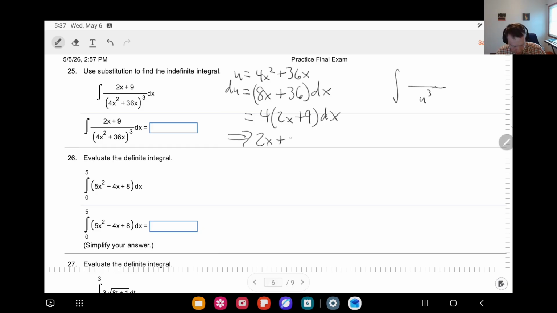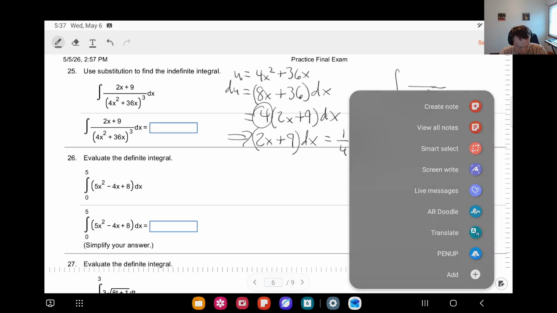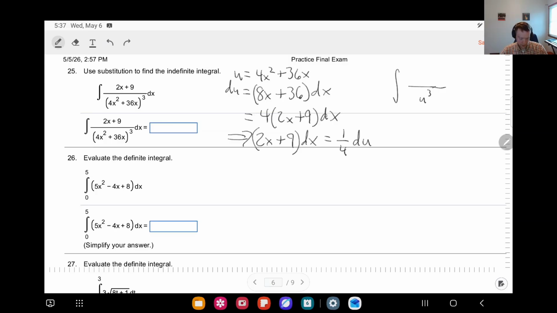So 2x plus 9 dx, what actually shows up in the integral is 1/4 du. I just divided both sides by 4. So du divided by 4. So now we replace this with 1/4 du.